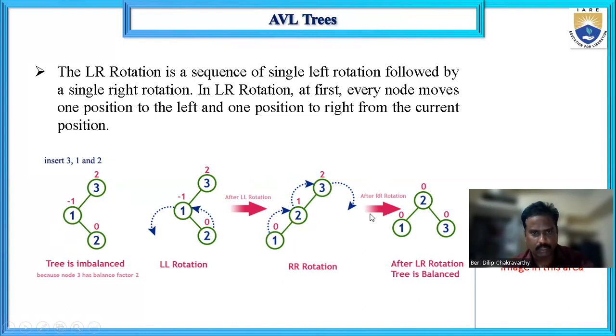If I perform this rotation, 2 comes in the middle and 3 comes to the right. In this way I'm inserting the element. First I rotated this one, so the diagram becomes like this, then I'm rotating the right side. So it comes like this, 1 2 3.